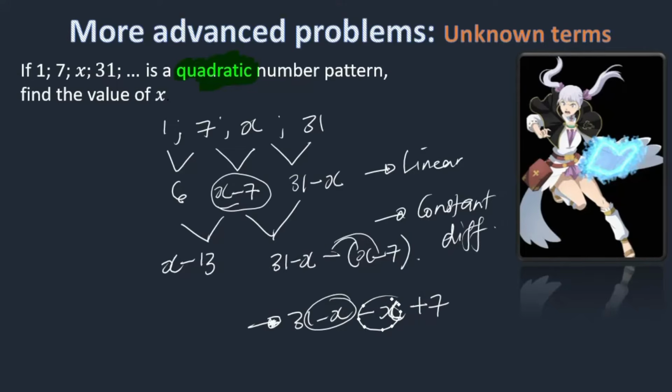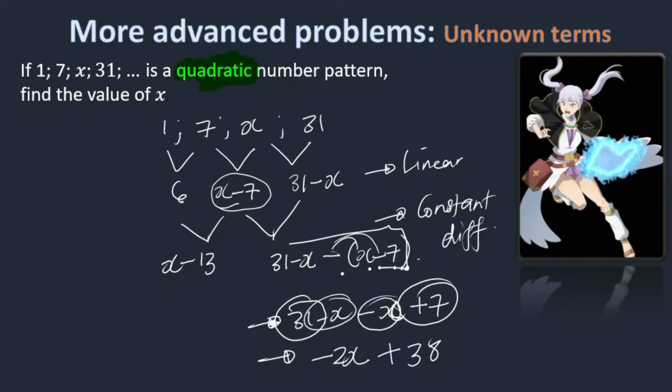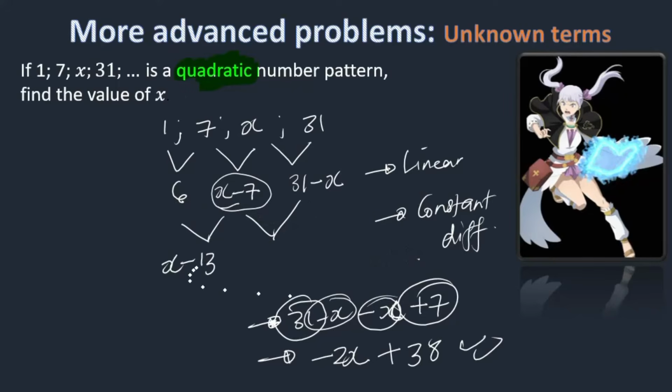So negative x and negative x, that is negative 2x, and then 31 plus 7, that is plus 38. All right, so this thing that I see here is the same as this thing here. So I write it properly. Negative 2x plus 38.